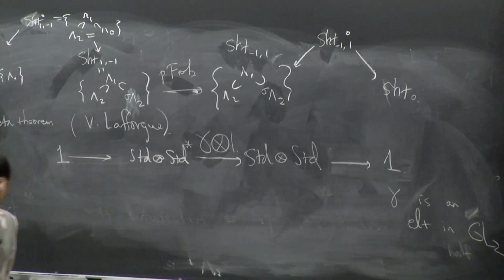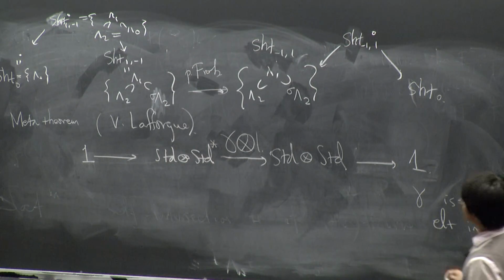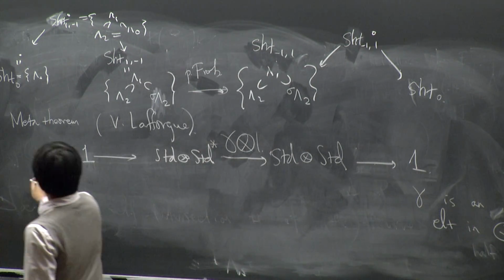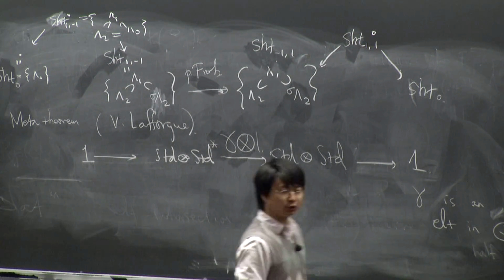Basically, it's one of his main technical results in his recent proof of one direction of Langlands correspondence over function fields. So, okay, so what I would like to consider is another situation.